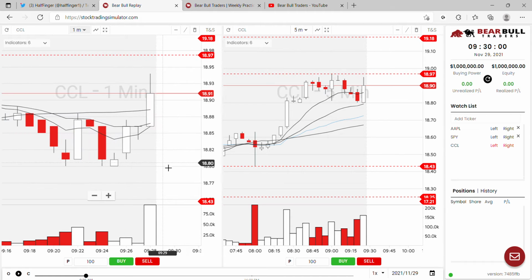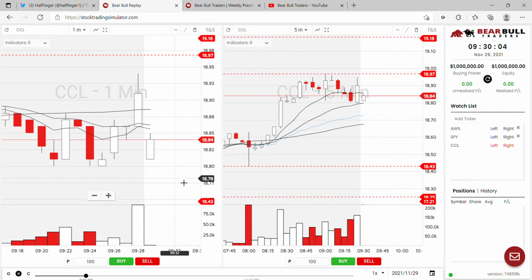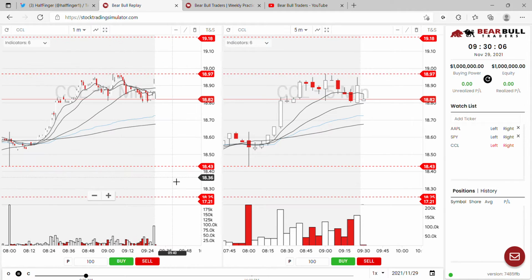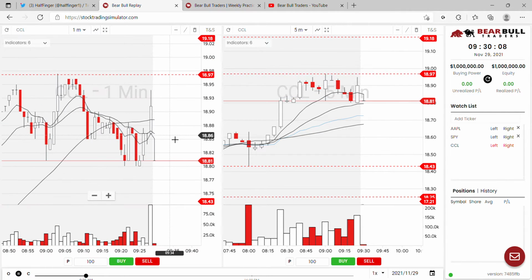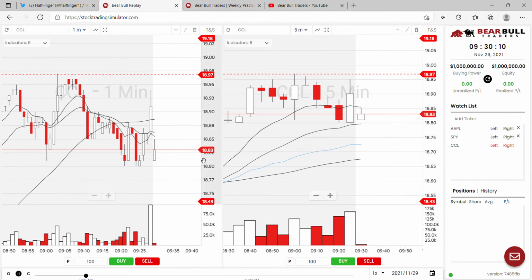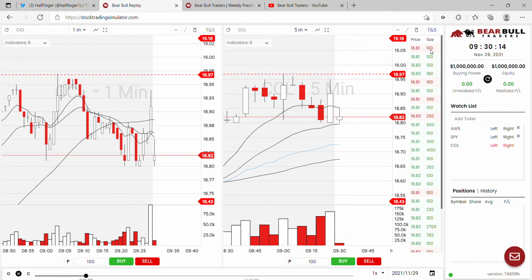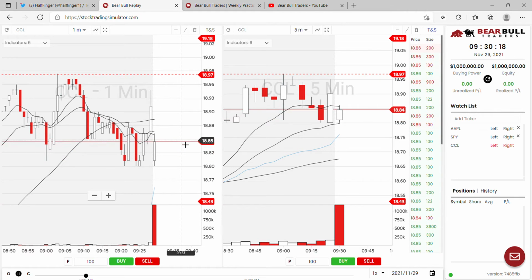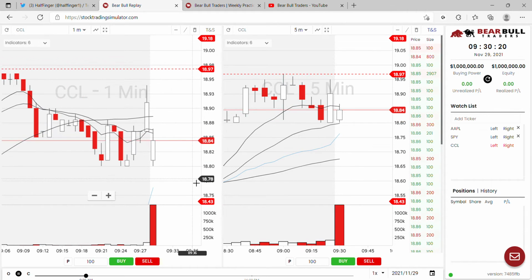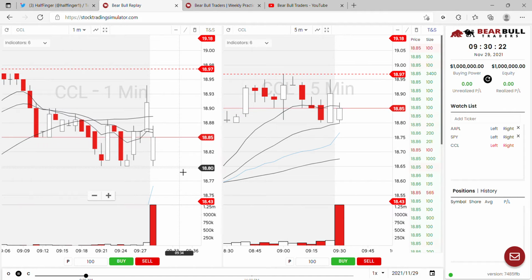And now we can press play and see what happens. I also have the time and sales here, which is nice to have, but not the level 2.